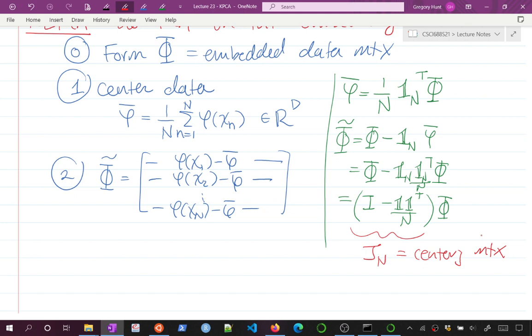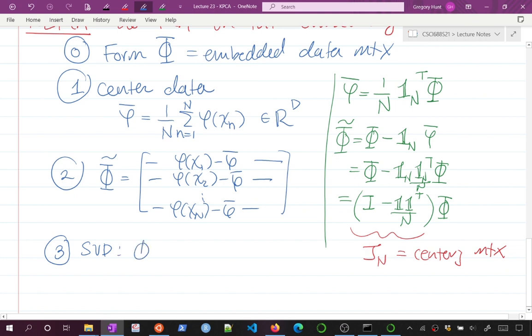So as an aside, the main point here is, what are we going to do? Basically, we form our embedded data. We center the data to form phi tilde. And then we do the SVD of it, to get basically the principal components.